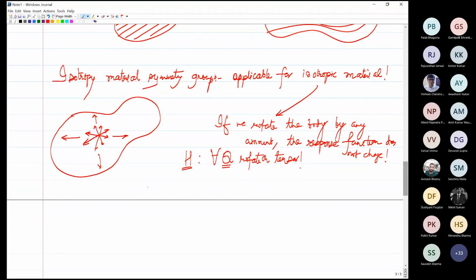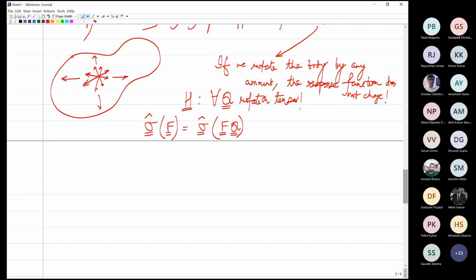But also you notice what we wrote there was that the response function is such that sigma hat of F has to be equal to sigma hat of FQ. But you know that from objectivity, what should the function sigma hat be?